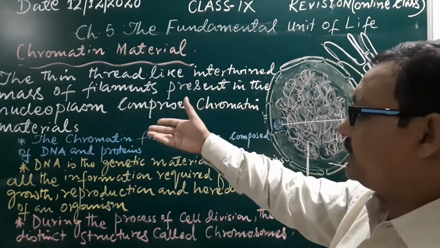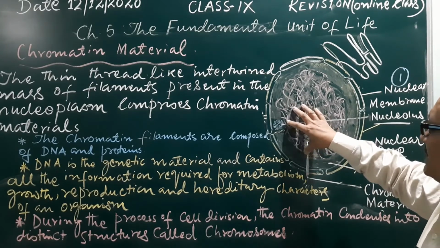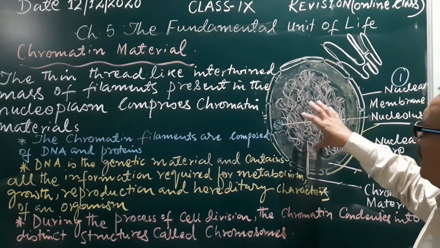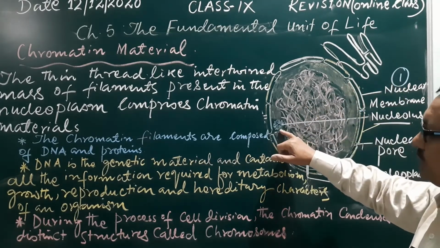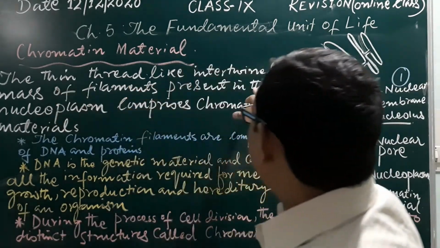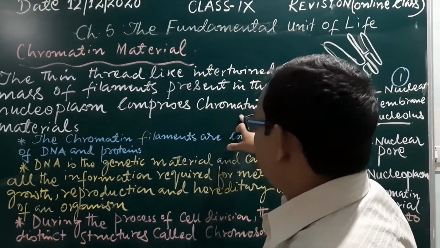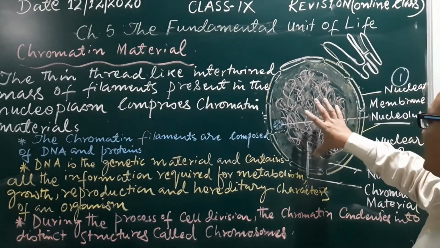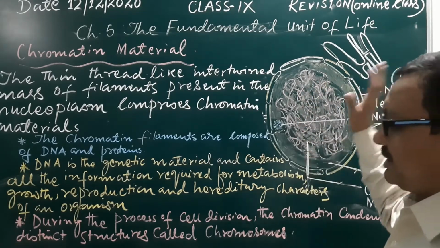The nucleoplasm is the fluid matrix where the intertwined masses of chromatin material and the nucleolus are embedded. That means the nucleoplasm is the site for the presence of this chromatin material.